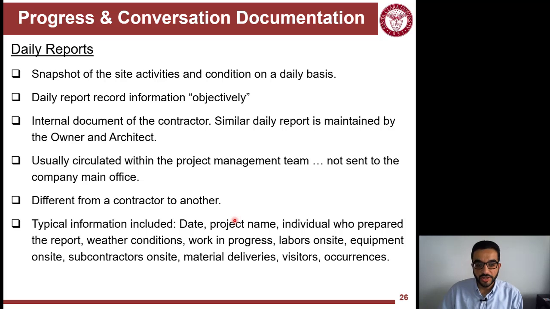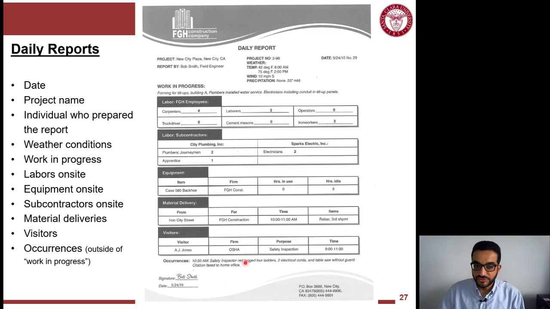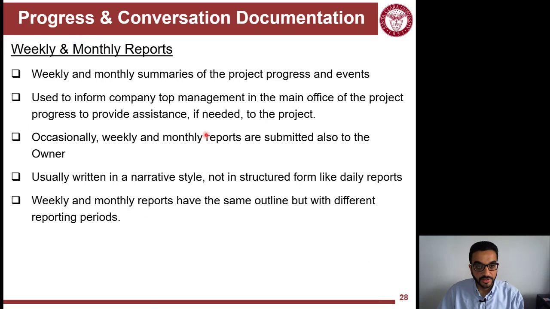It's a way to put our thoughts together, summarizing what happened that day: the weather, what subs were on the site, any major occurrences, who visited the site. Yes, the knowledge is in the heads of everyone, but it's good practice to document all of that in a report.